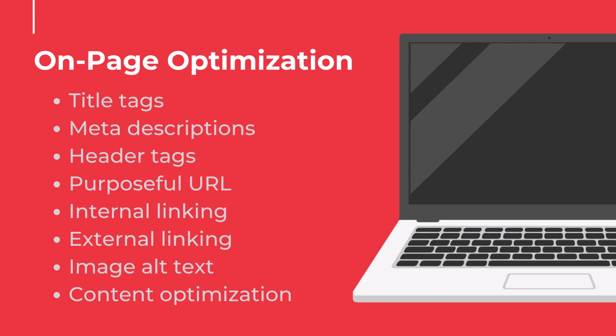Then you have your header tags. Now, these are put in as you're formatting your page, and they are really important. It helps Google to understand the structure of your page, and it also helps to break it into more usable chunks for readers. You want a single H1 header on your page.